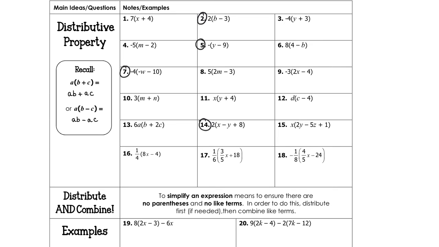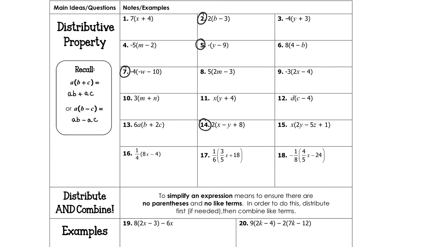So multiplication allows me to bring together an x and a y, or a number and a variable. That's important, it's a distinction you want to have. At the end of this, we're going to do some distributing and then combining, and that's how we're going to end this video.